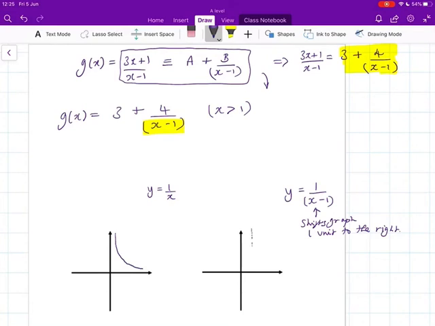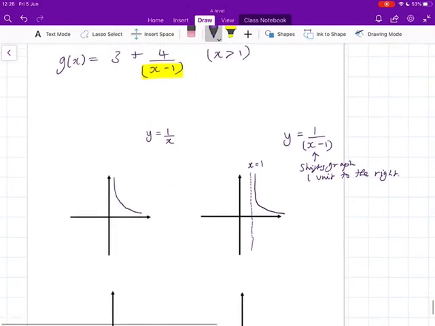There's now going to be an asymptote here, because originally the y-axis was an asymptote. There's going to be a line there, and our graph has now shifted 1 unit across there.